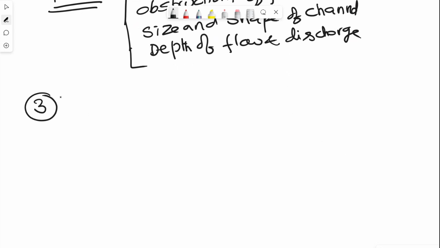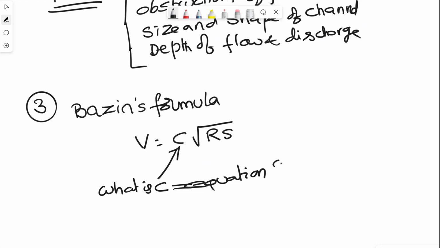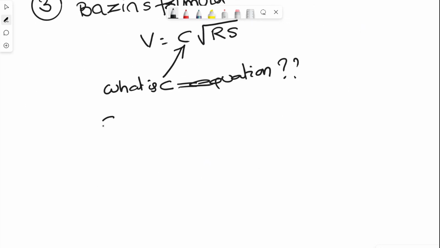The third one is Basin's formula. Basin's formula is again only Chezy's formula, but the only thing is he has defined what C is. Basin has developed the equation for C. As far as Basin's formula is concerned, C is equal to 87 by 1 plus m by root r.